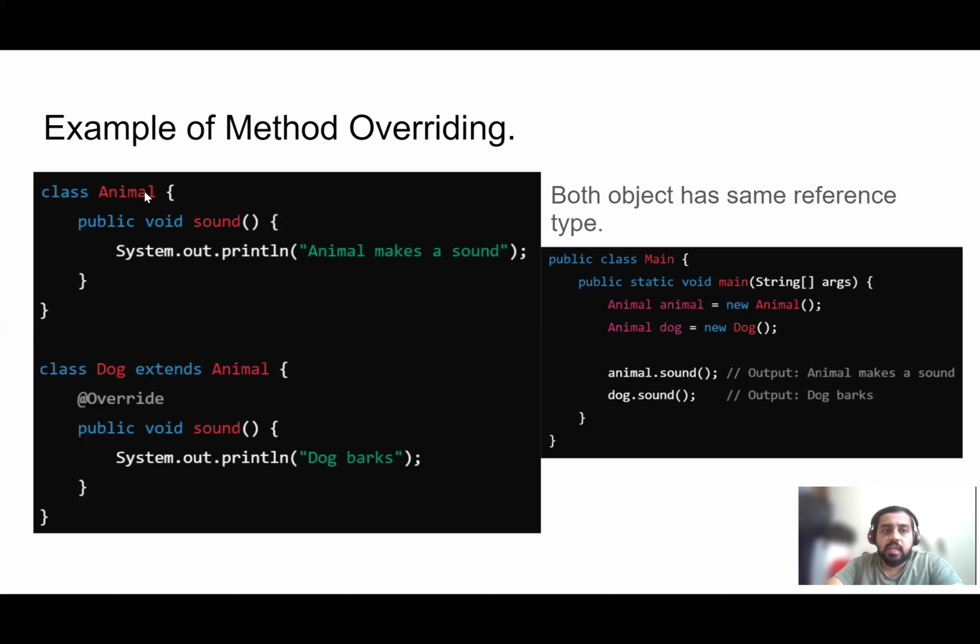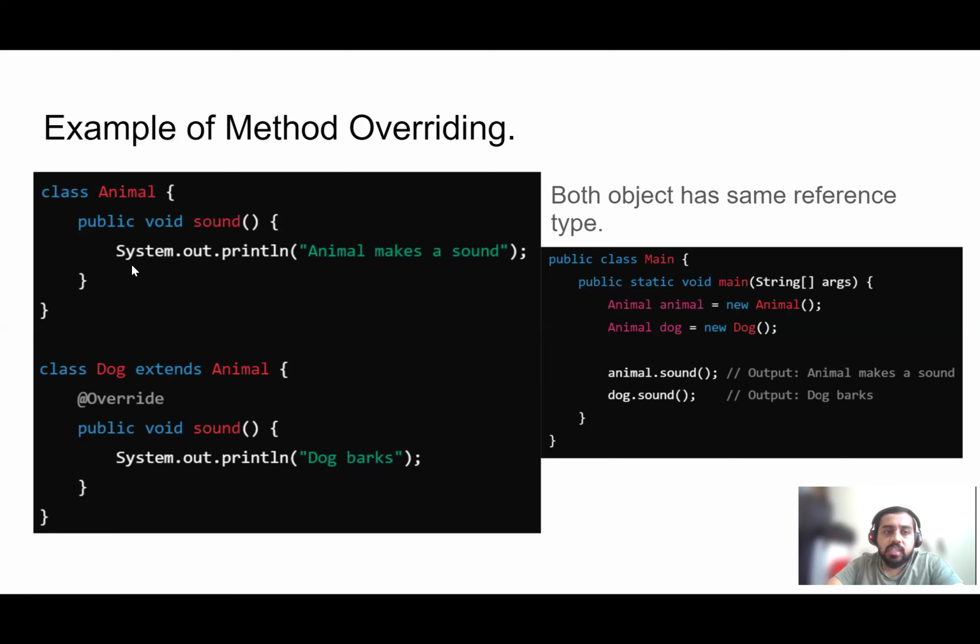So this is an example of method overriding. I have a class called Animal where I have written one method called sound, which prints that the animal makes a sound. I have written one more class called Dog, which extends Animal. That means it is a child of this Animal class. But for Dog, I don't want to print the generic "Animal makes a sound." I want "Dog barks" specially.